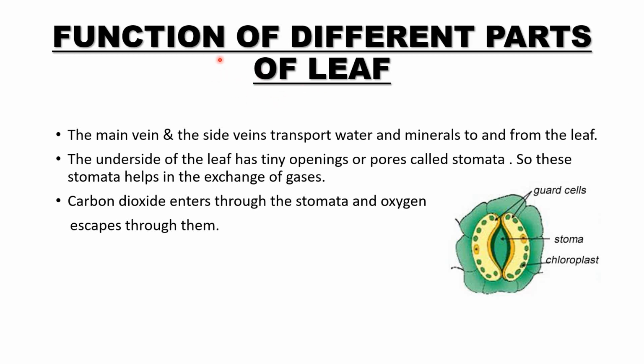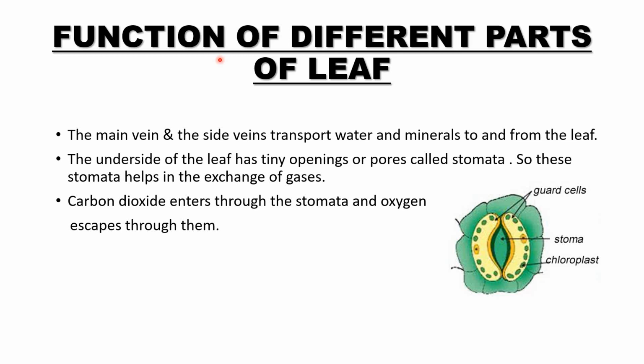So now, have you ever thought how does a plant prepare its food? Where is their kitchen? They do not have any kitchen, but it will amaze you that the plants have their own kitchen, and that is their leaf. The leaf functions as a kitchen for the plant.